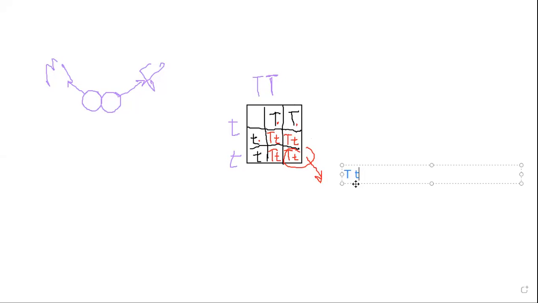What is this? Well, the capital T represents the dominant trait, which is tallness, while the small t represents the weak trait, which is the recessive one.